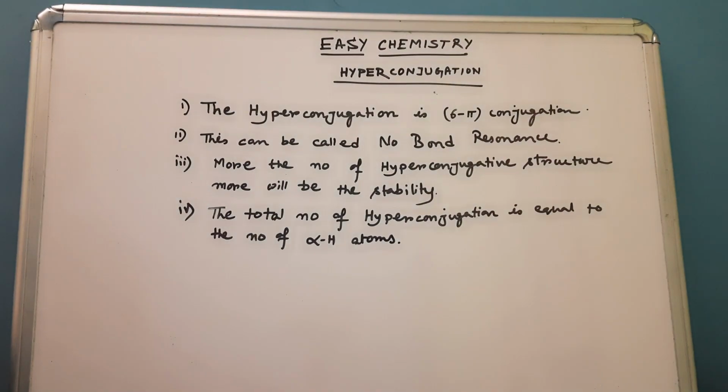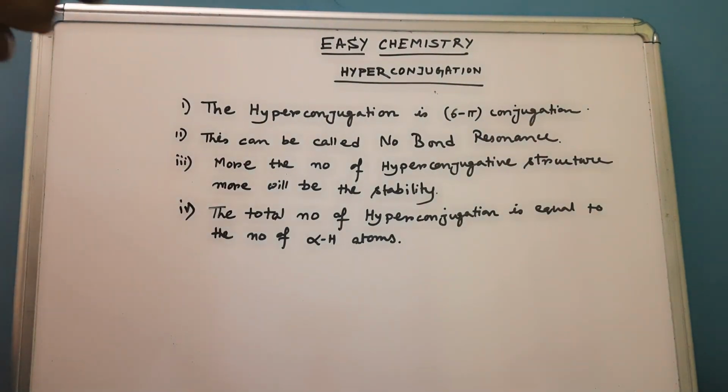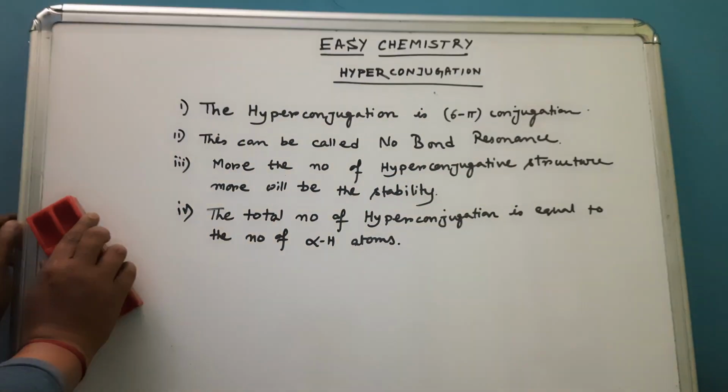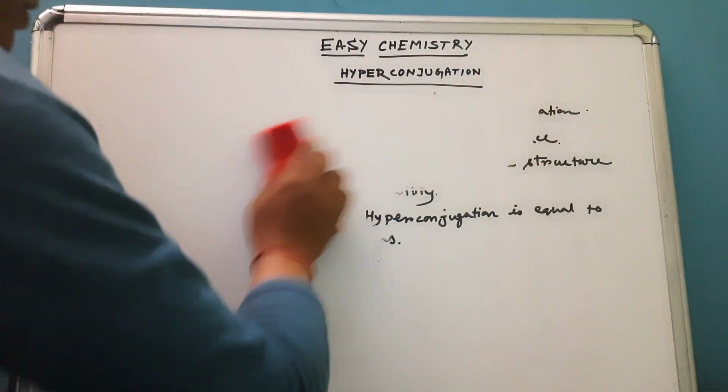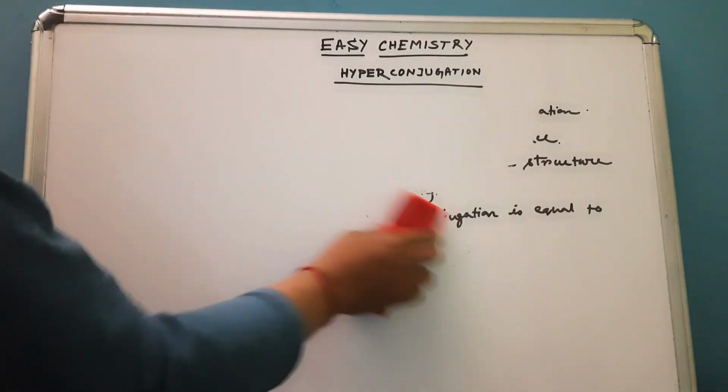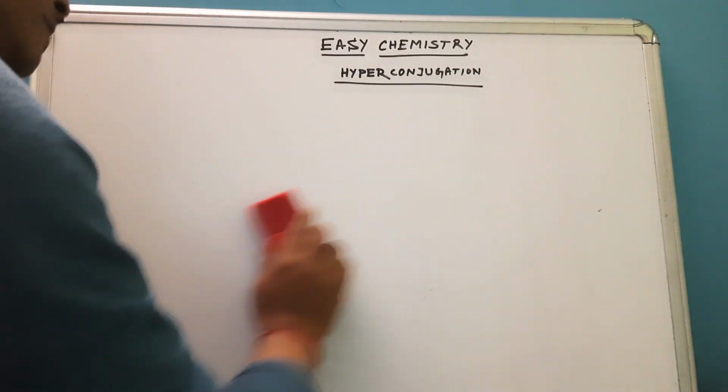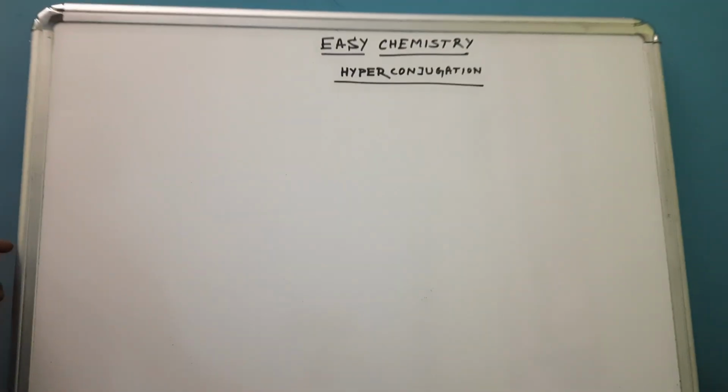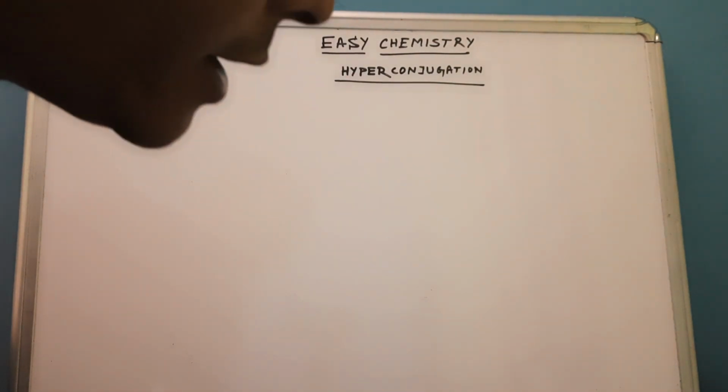I am going to elaborate the fourth point here. If you can understand the fourth point, you can easily explain all the questions regarding hyperconjugation.